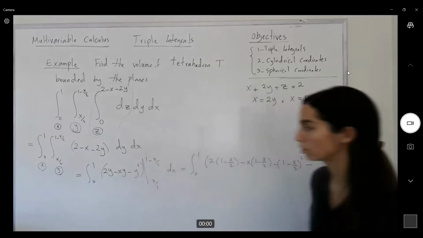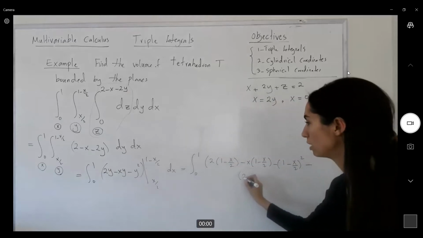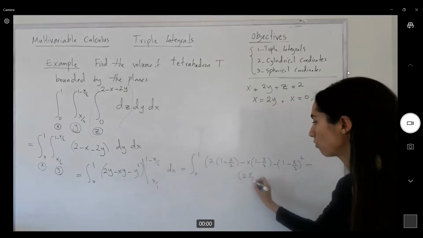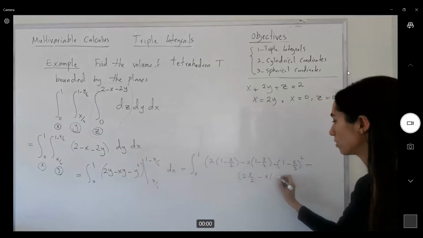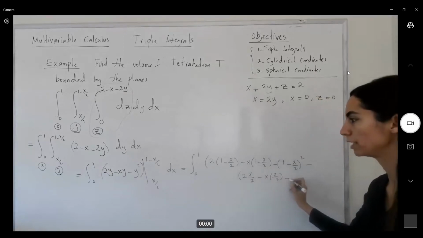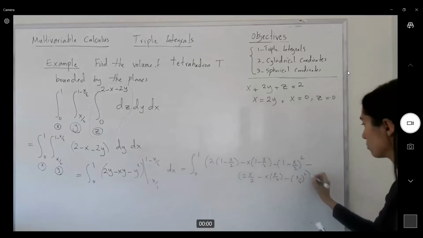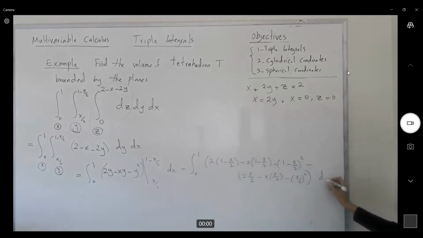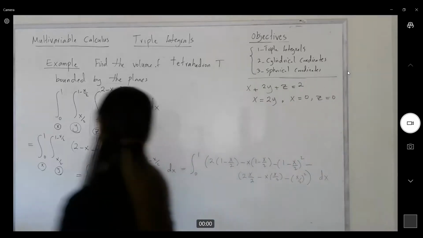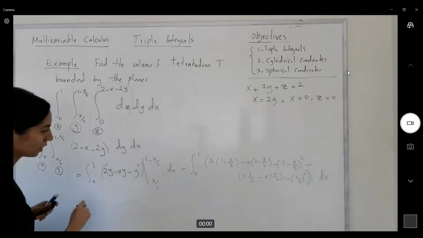Now we substitute the lower limit, which is 2 times x over 2, minus x times x over 2, minus x over 2 squared. Okay, let's put everything in parentheses. Then, after simplifying, we take the integral with respect to x. Very well.